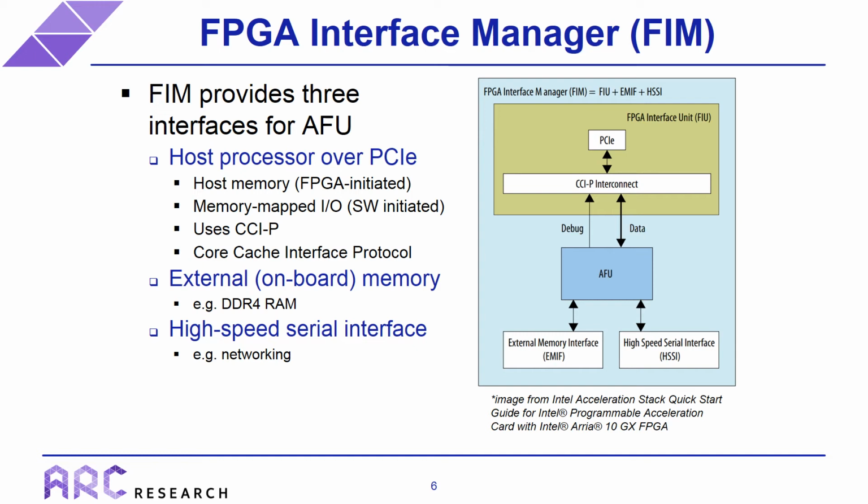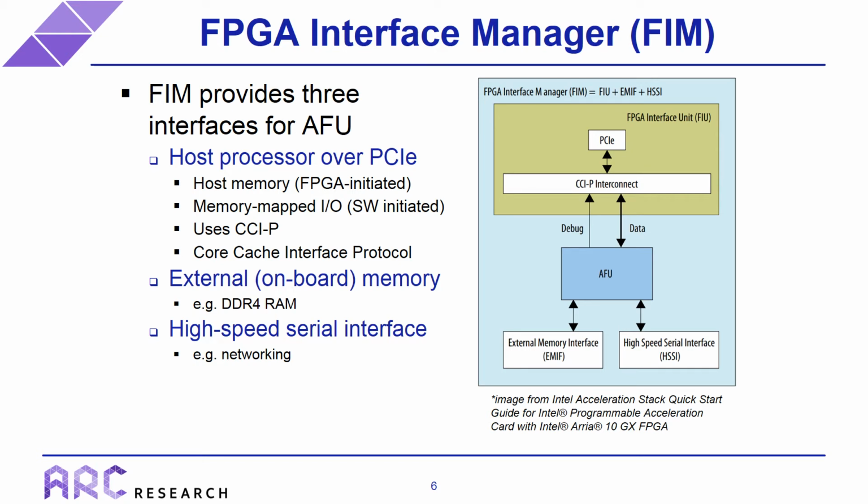So basically, the FPGA can initiate transfers to the main memory of the processor, which is a very unique, very powerful capability. Another communication mechanism is memory mapped I/O, where the executing software can use memory mapped I/O to read and write to resources inside the FPGA.